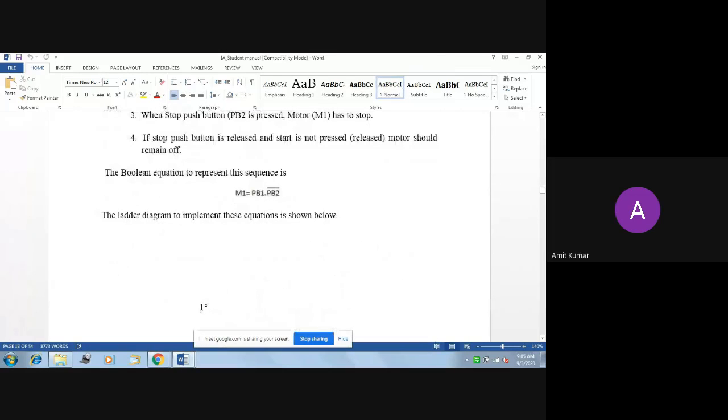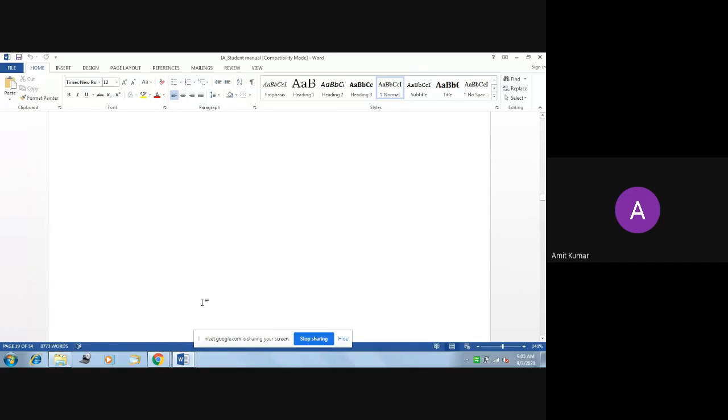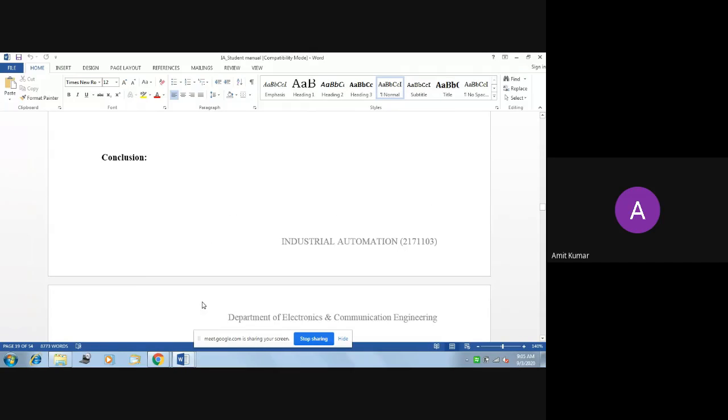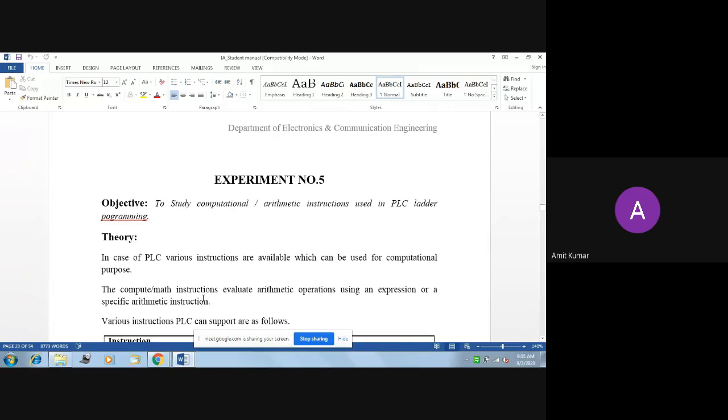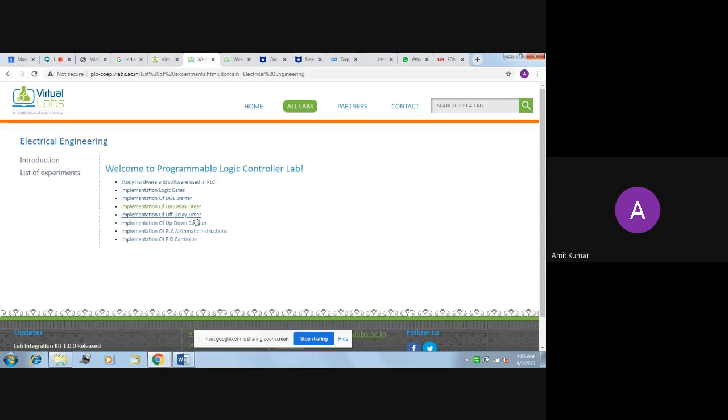So in total we need to complete at least 10 experiments so that we can fulfill the requirement of your GTU. Today we are going to start the fourth experiment, with the different types of timers. So how many types of timers are there in PLC?